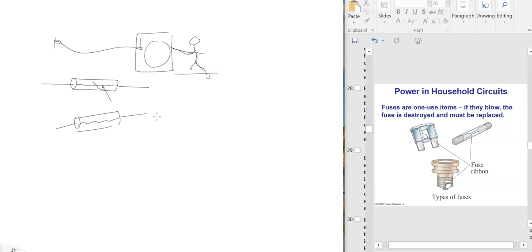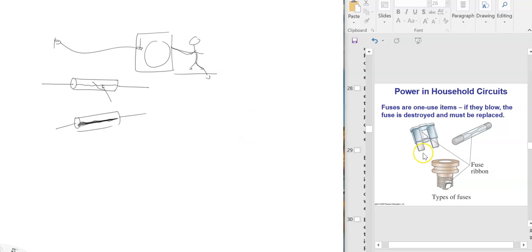That's not a good idea, because if you put something thicker than it should be, a thicker wire, even if there's a large current, this wire can withstand that. It won't melt. That's really bad. So the fuse is supposed to break the circuit, and that won't happen. So the best thing to do is, if a fuse is bad, just replace it with the right rated recommended fuse.